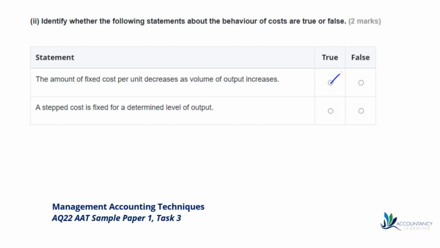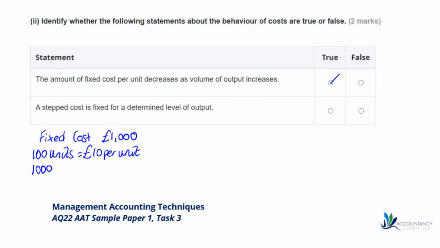As I was demonstrating in the previous example, you can have your fixed cost of 1,000, and at 100 units it would be £10 per unit, but at 1,000 units it would be £1 per unit, as that cost is spread further.